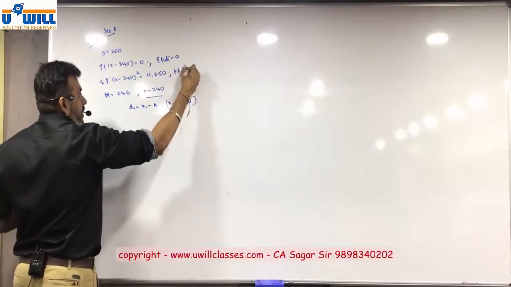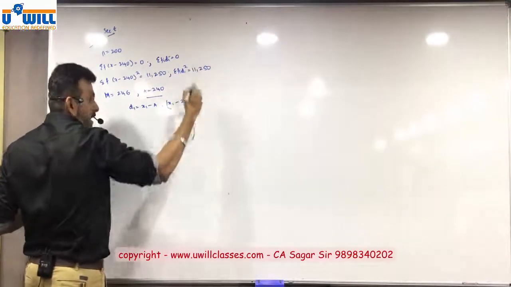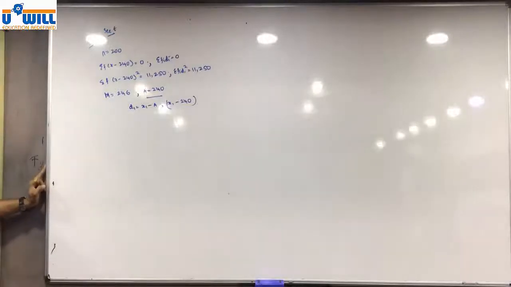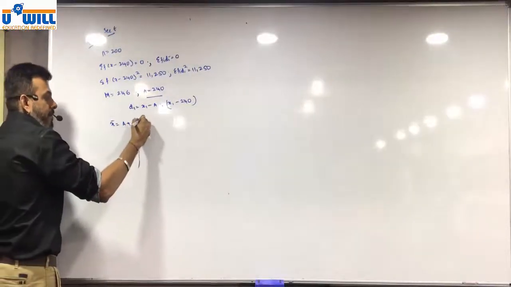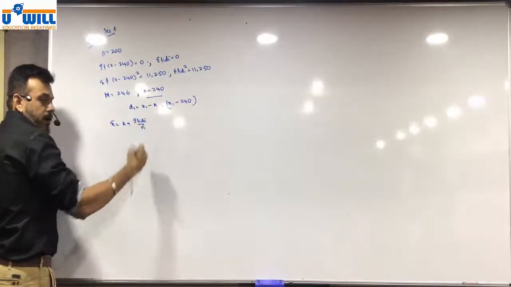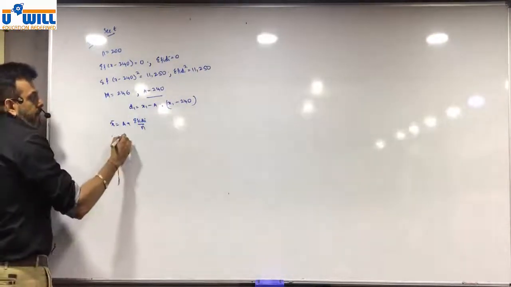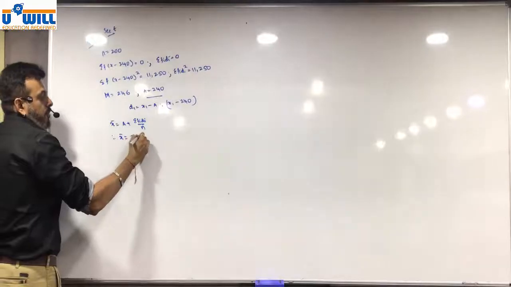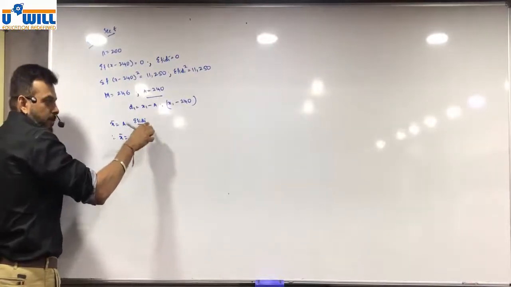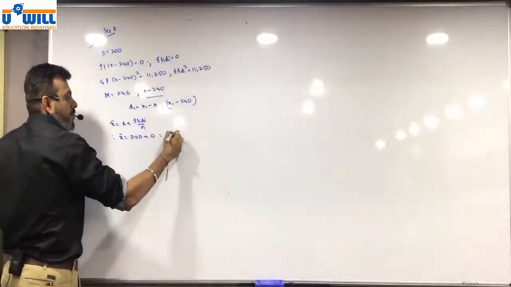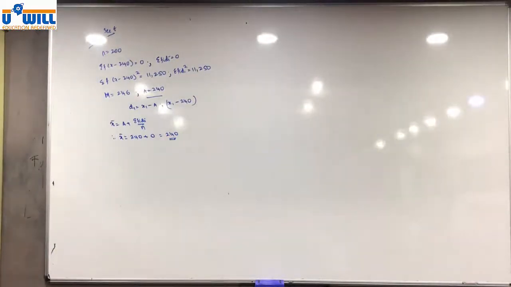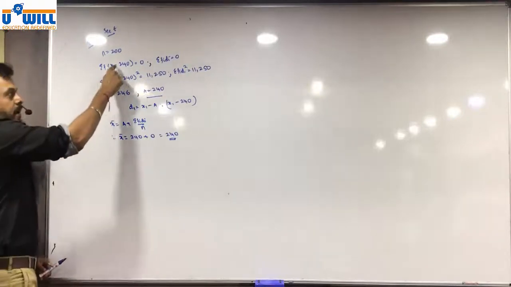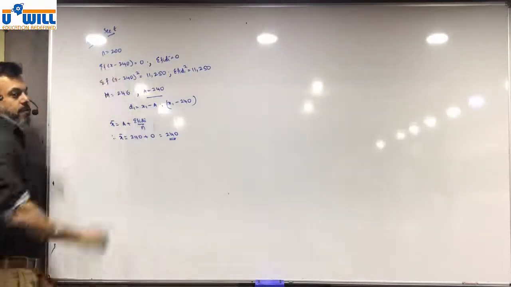Now, this sigma f into d, we take sigma fi di is equal to 0, and over here sigma fi di square is equal to 11,250. Now, to find the mean, x bar is equal to a plus sigma fi di upon n. Therefore, x bar is equal to 240 plus 0, so this will also be 0, which is equal to 240. Understood this? There is no rule that sigma f into xi minus x bar is always equal to 0.